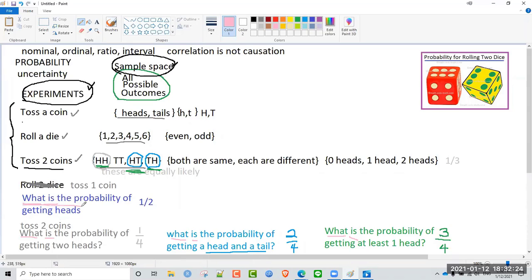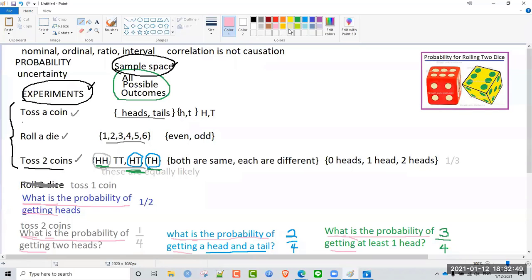What is the probability of, and maybe getting, right? That's in all of these questions, right? Everyone agree? Yes.